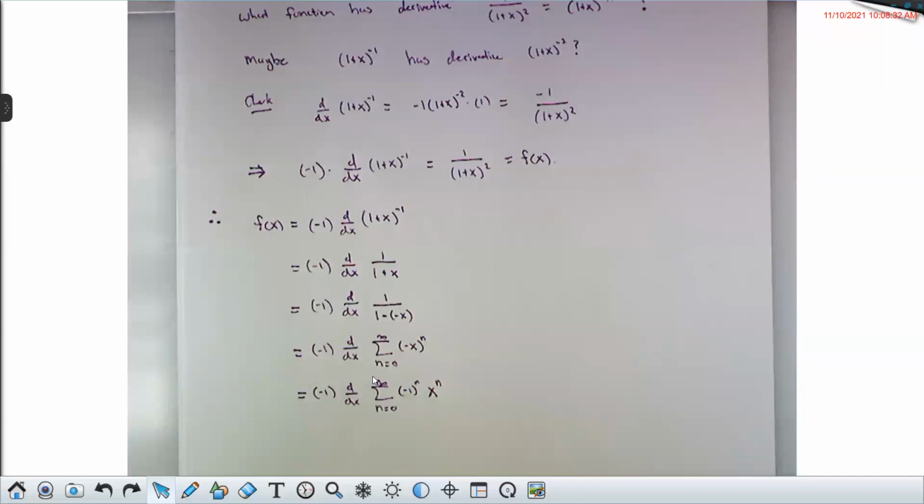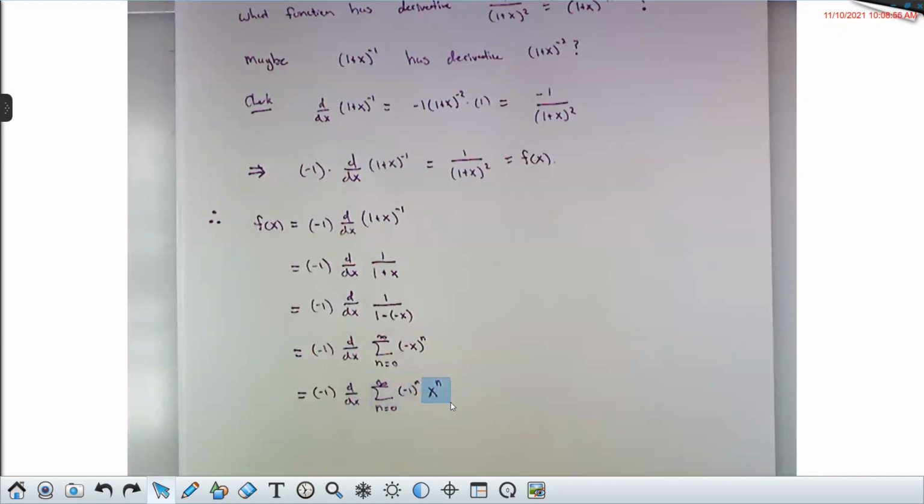A common mistake when differentiating or integrating stuff like this is to integrate or differentiate with respect to n. But we're not. This is d/dx. We're differentiating with respect to the variable x. So all the n stuff is constant, it just comes along for the ride.